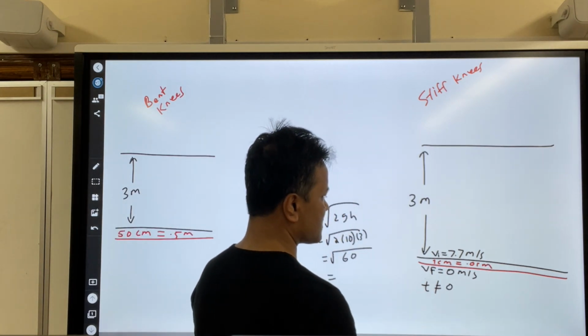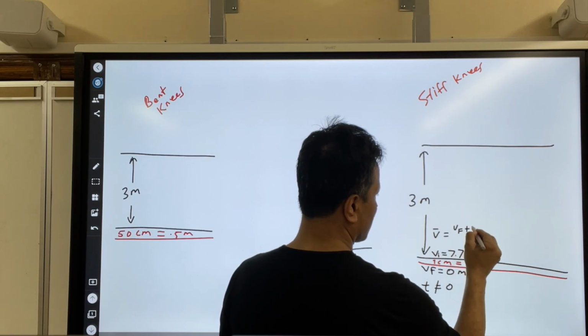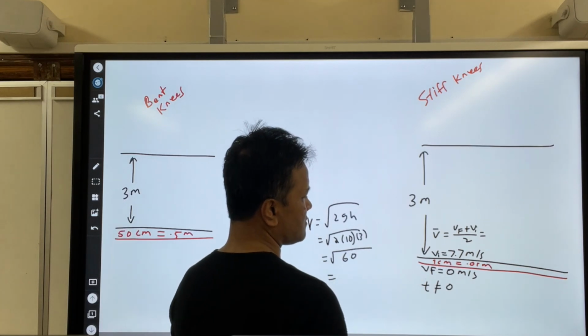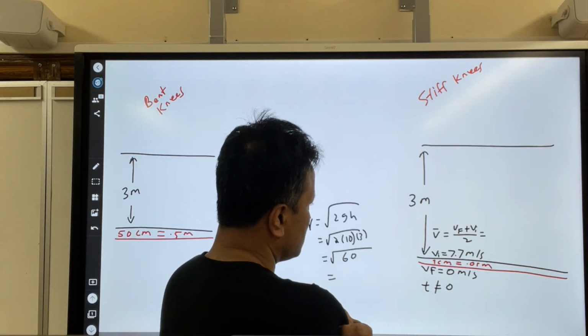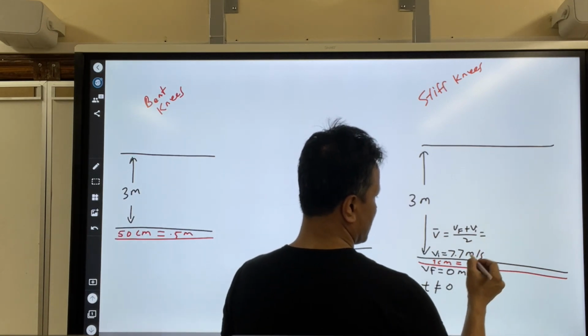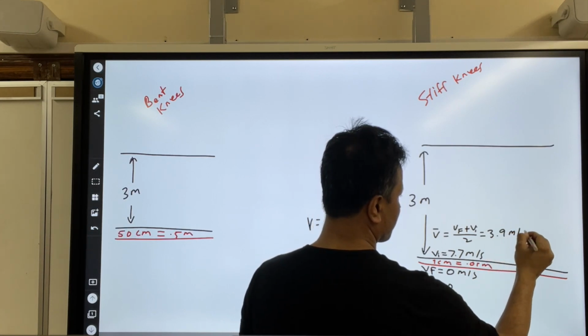Let's find the velocity average. Vf plus Vi over 2. So what is it? 7.7 plus 0 divided by 2, 3.9 meter per second.